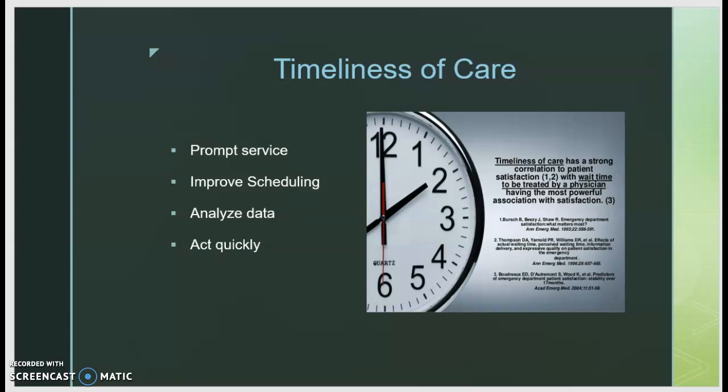After the patient is taken to the back, a physician or a nurse must see them within 30 minutes. If radiology or labs or pharmacies are ordered, these services need to be fulfilled within 15 minutes.